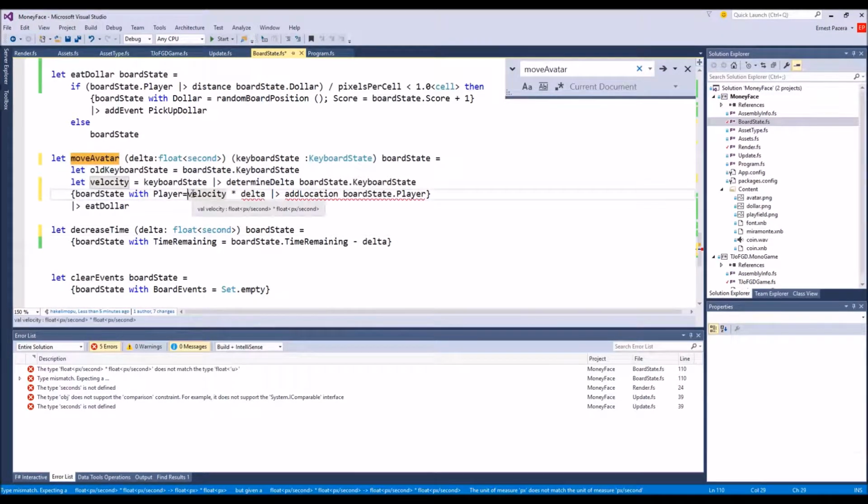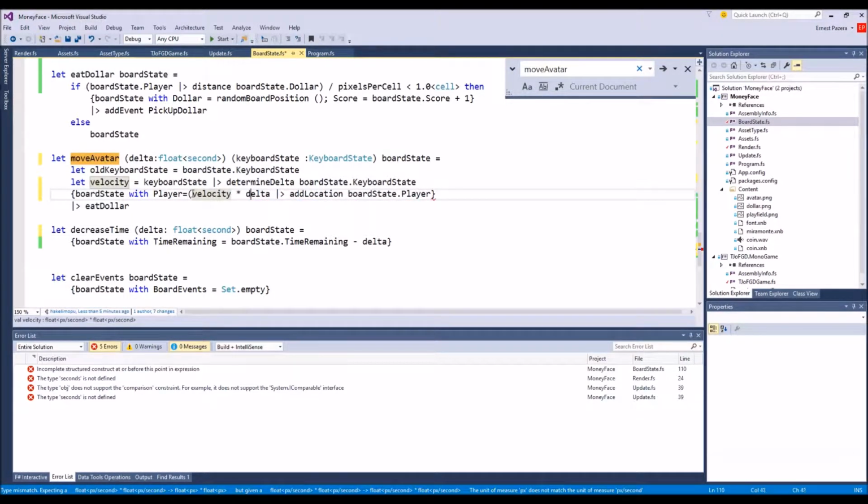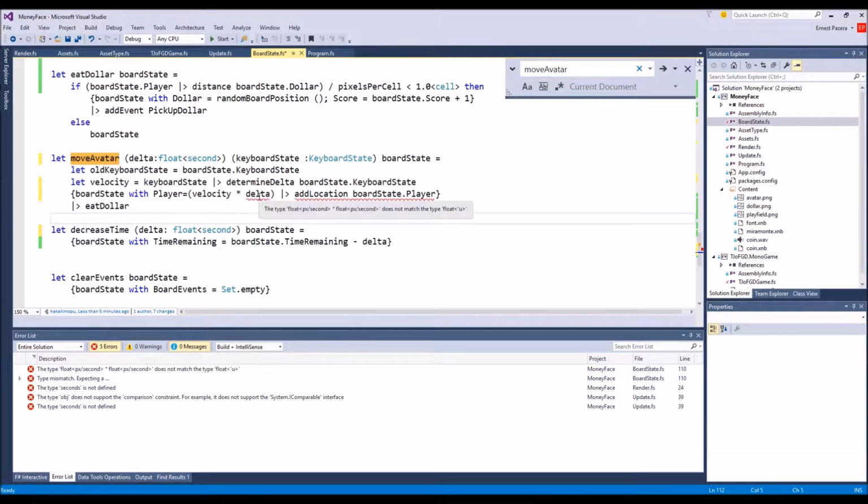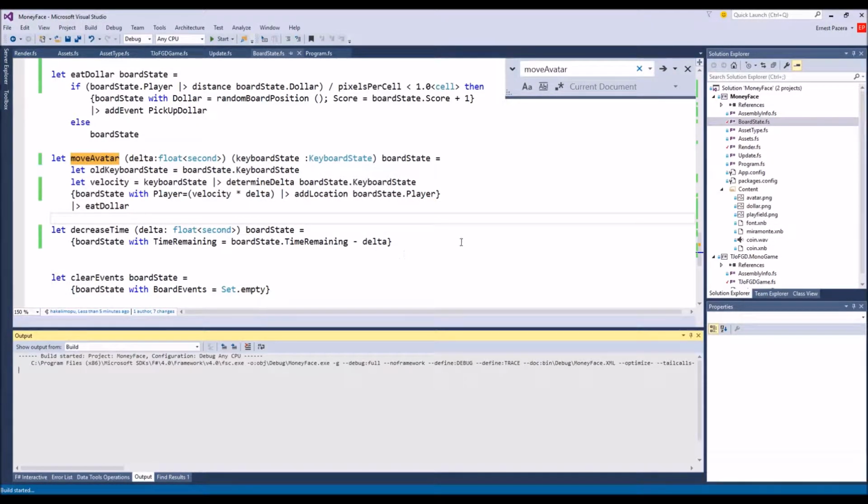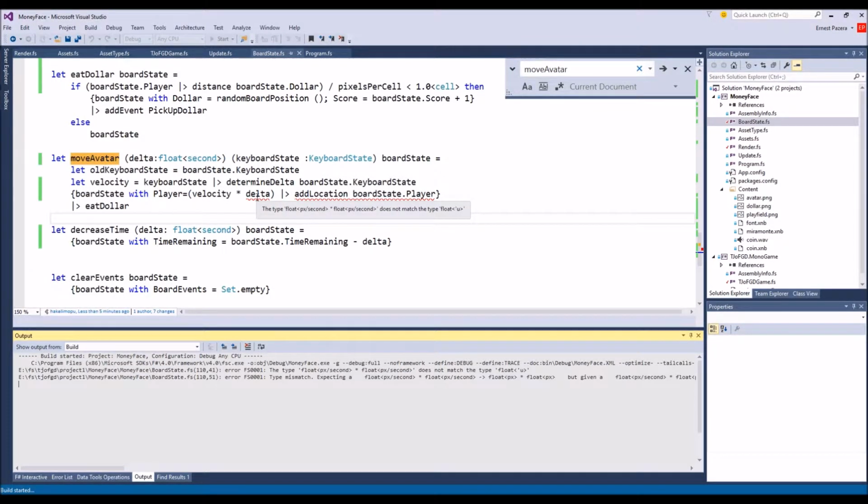and then we send that together into there, pixels per second. Float in seconds. Float times float.